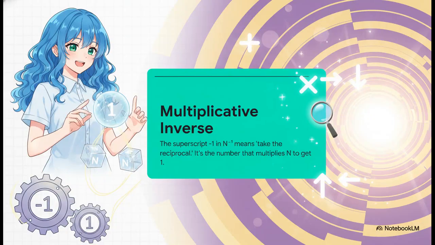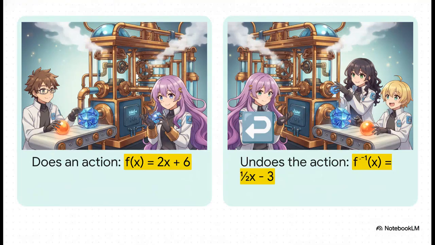So that little negative 1 up there in the superscript, it's another inverse instruction. In the world of multiplication, it means take the multiplicative inverse, which is just a fancy way of saying flip it, or take the reciprocal. It's the number you multiply the original by to get back to the multiplicative home base, which is 1. It's the same idea, just in a different context. And the pattern just keeps going. Look at functions.